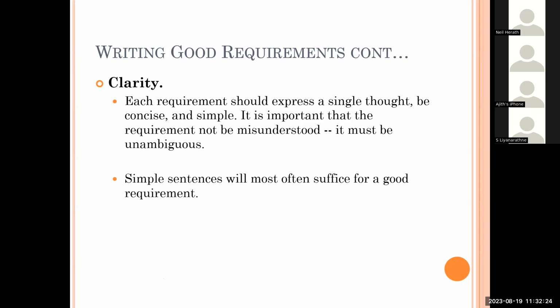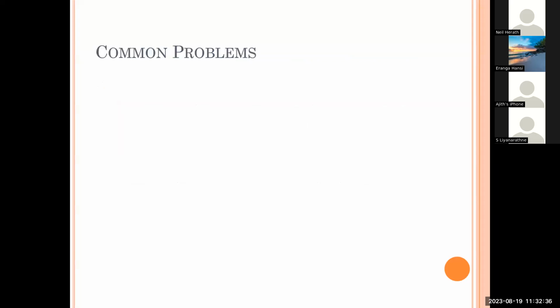For that, if you write simple and very short sentences, then you can stick to clarity. Complicated and long sentences will make it ambiguous.